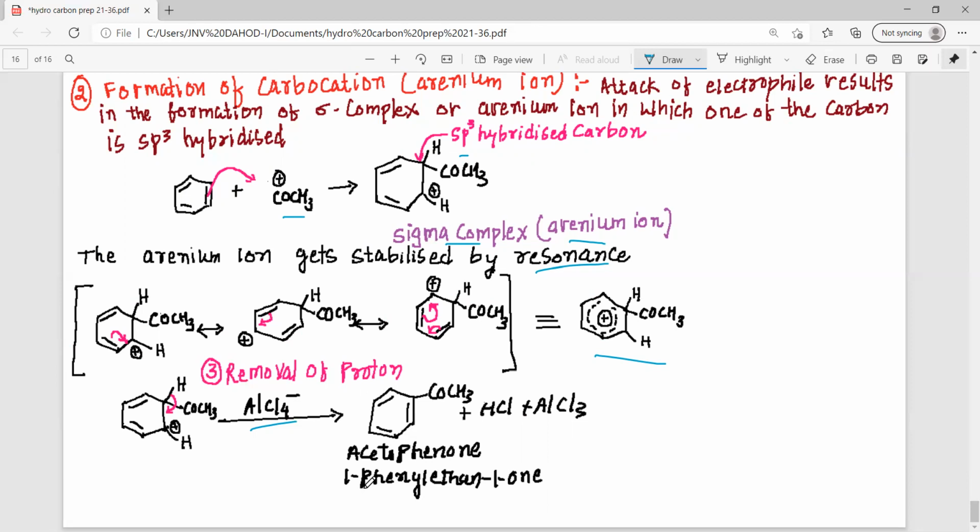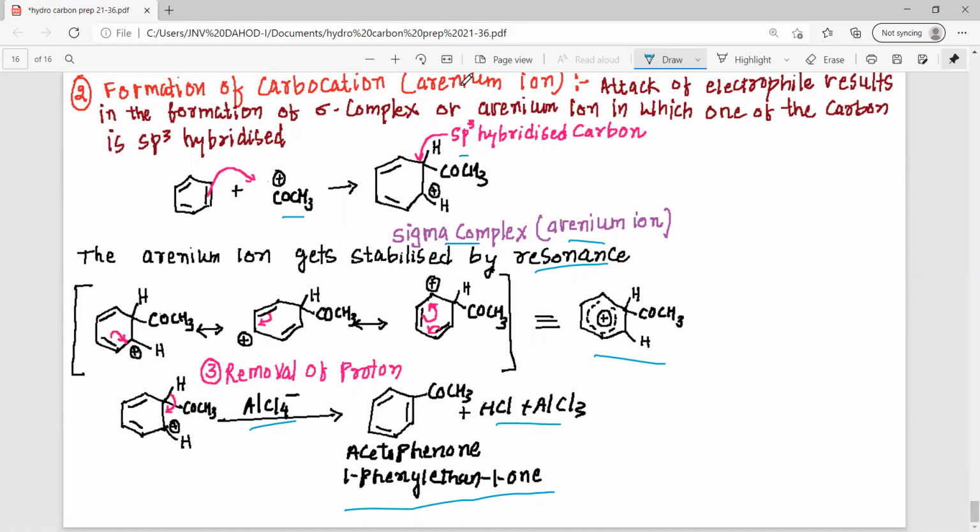Please remember that the IUPAC name of this acetophenone is 1-phenylethan-1-one. Apart from that, when this AlCl4 minus reacts with H plus, my dear students, we get HCl and AlCl3. So thus HCl and AlCl3 are also produced.